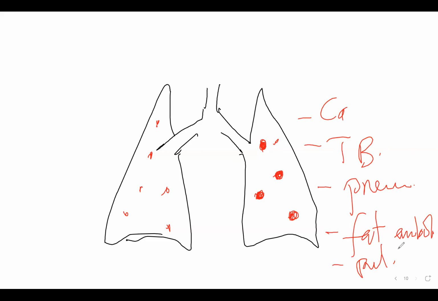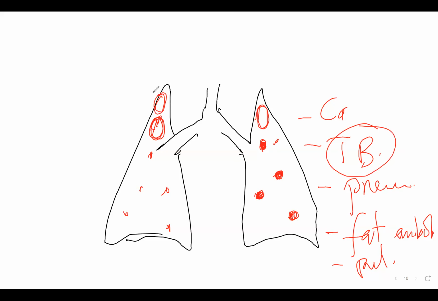Now, you should also know in some conditions, you may just see cavities. You just see cavities in the lungs, okay? You take a chest X-ray, you just see cavities everywhere. And now, lung cavities, usually in our own environment, when you see cavities, they are common with tuberculosis. But what is peculiar about the cavities in tuberculosis is that they usually occur in the upper parts of the lung.